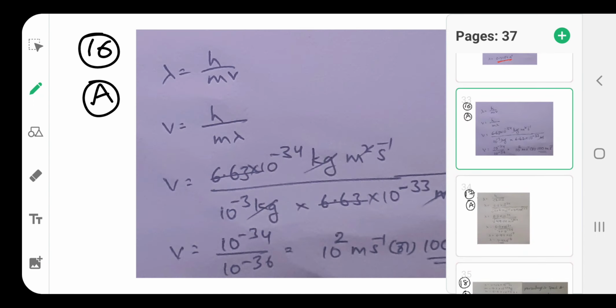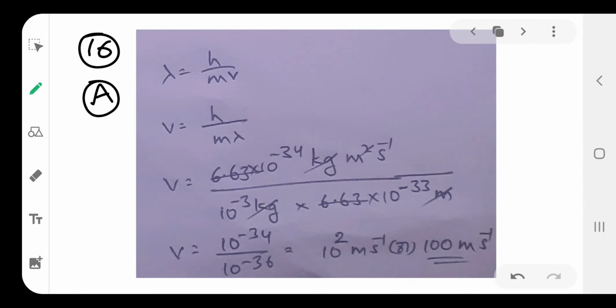Lambda is equal to h by mv, so v is equal to h by m lambda. V is equal to h value 6.63 into 10 power minus 34, Planck's constant, divided by mass 1 gram, which becomes 10 power minus 3 kilogram, times the given lambda value 6.63 into 10 power minus 33.